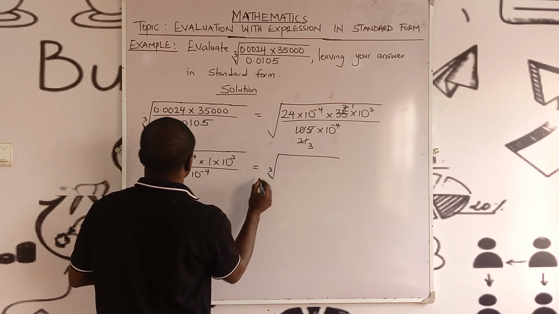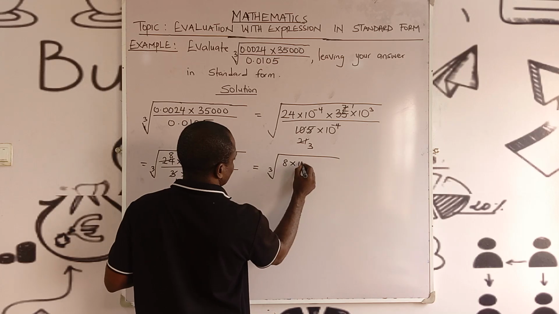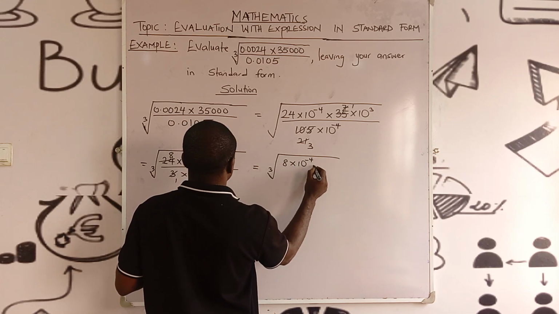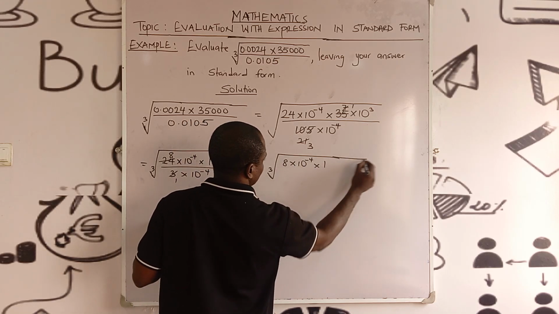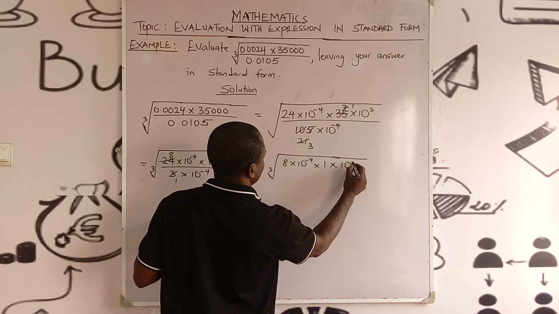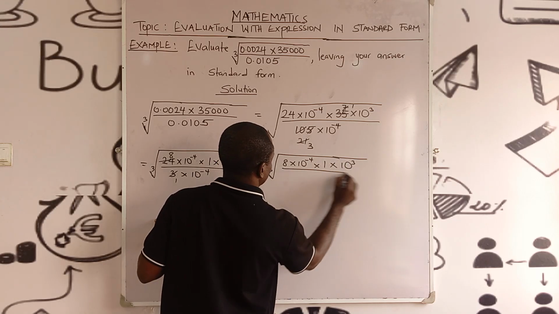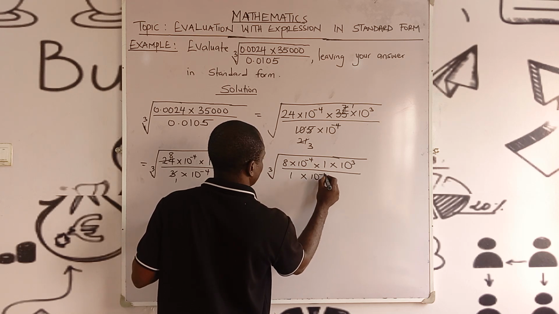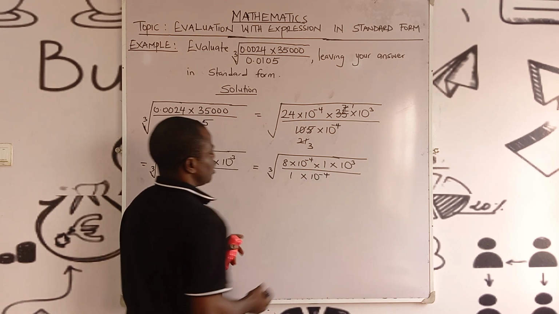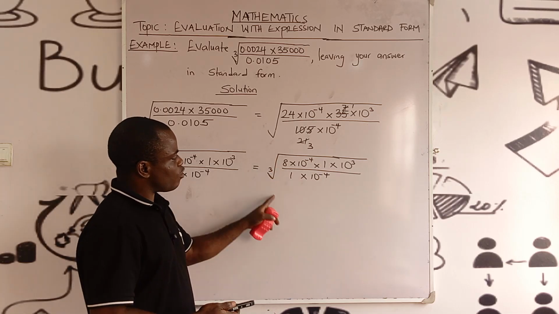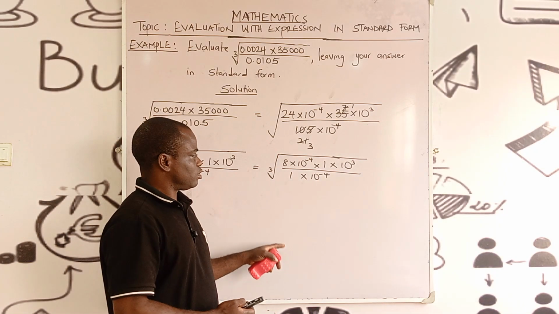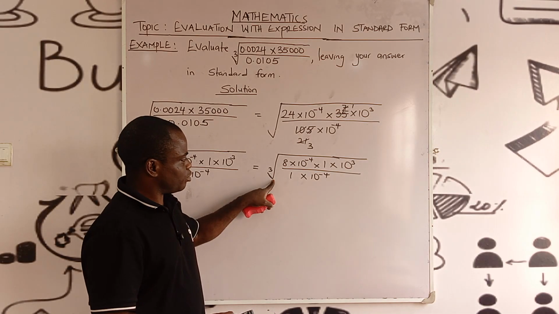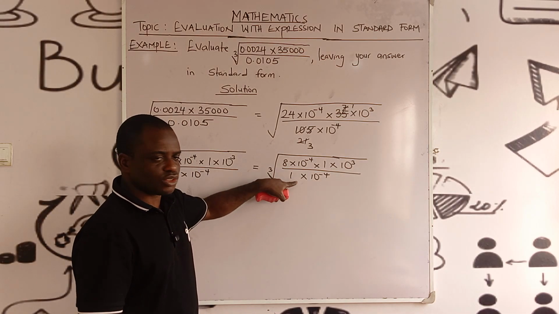Now I have it to be equal to the cube root of 8 times 10 raised to power minus 4 times 1 times 10 raised to power 3, divided by 1 times 10 raised to power minus 4. Please take note, when you are writing your cube root, make sure it covers the whole number. So you can see my cube root extends to the denominator.